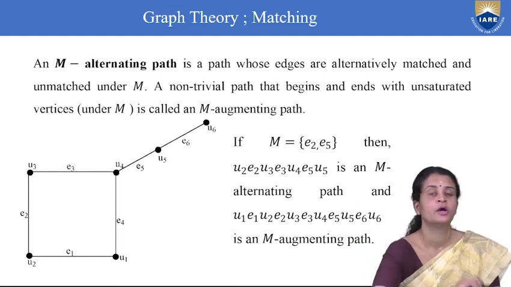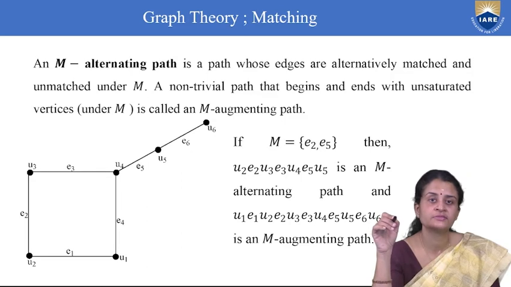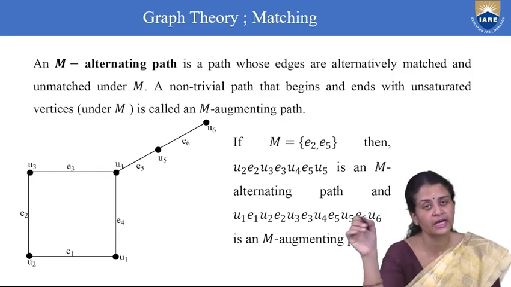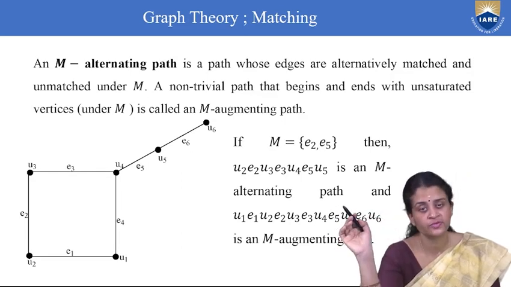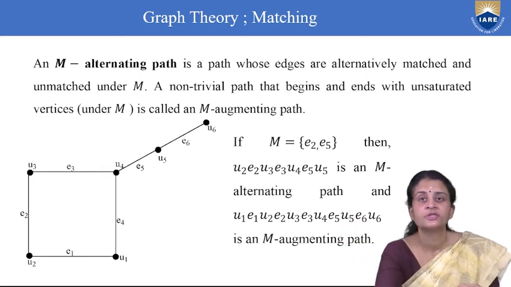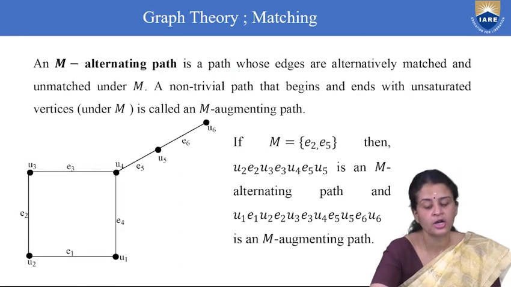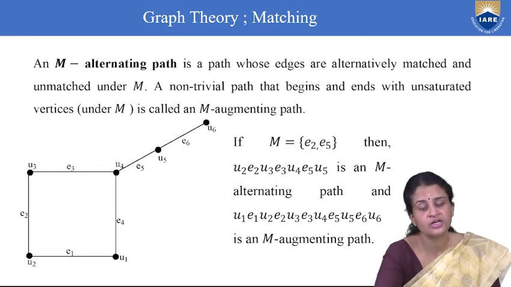When vertices are not repeating, obviously the edges won't be repeating. So an M alternating path is a path whose edges are alternately matched and unmatched under M.